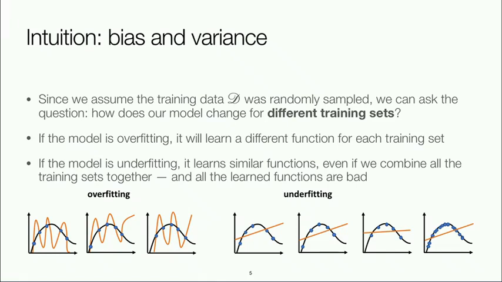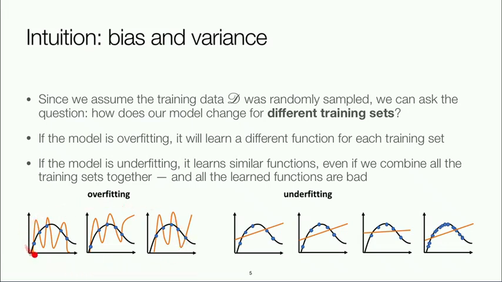And this is the pictorial depiction of these two different problems that I can run into. Maybe these functions are not all that different from each other, even if I have different training sets, but they're all bad in the sense that they're not even doing a good job at representing the training data. Or my model is really good at representing the training data because it's very expressive.